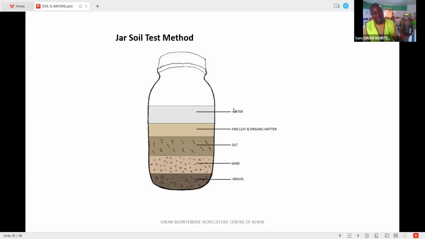You can do the mathematics and know the percentages of this part, this part, and the part on top, which is trash, which is our organic matter. So that is one type of soil sample that I have collected, and it tells you clearly how it looks.